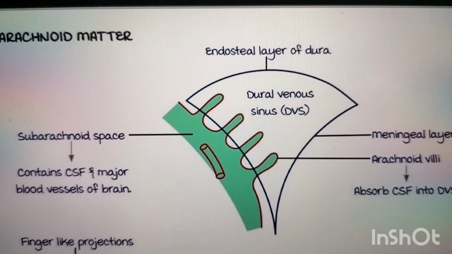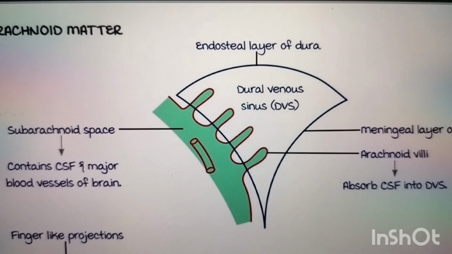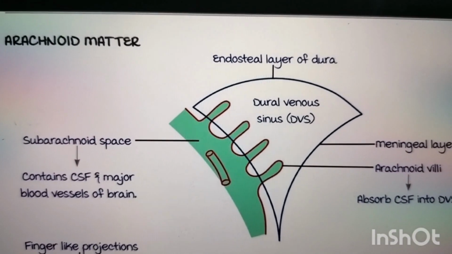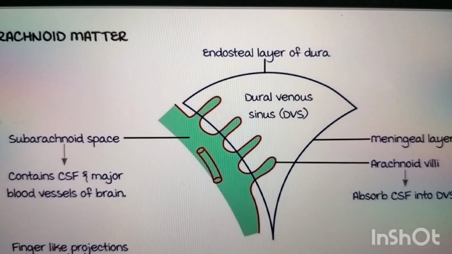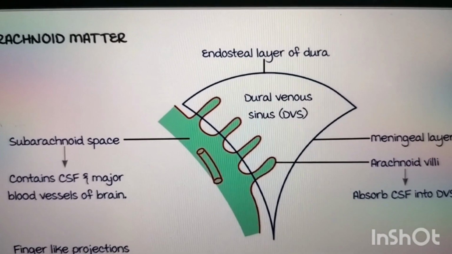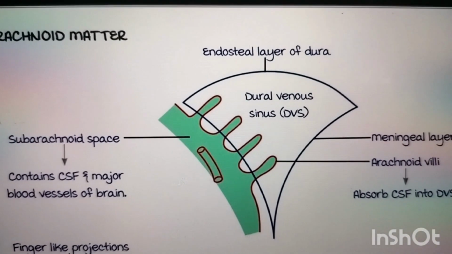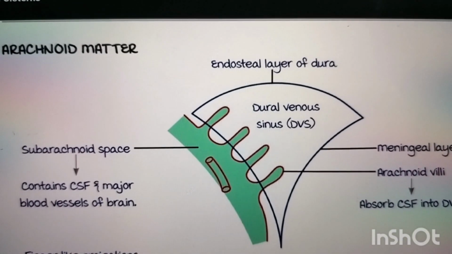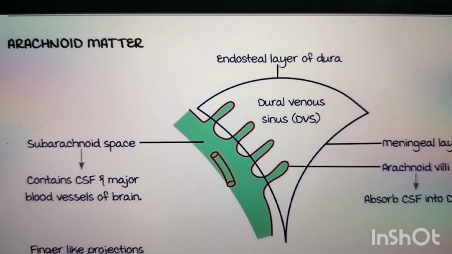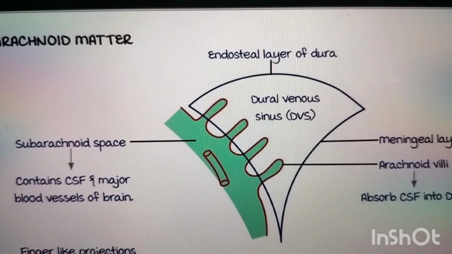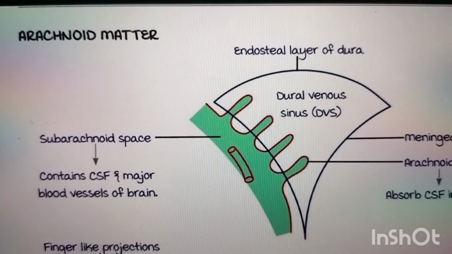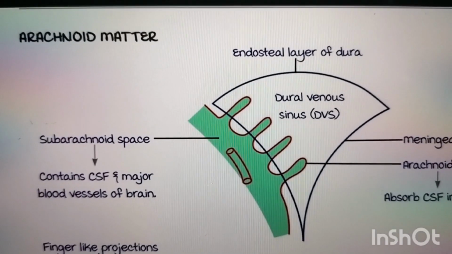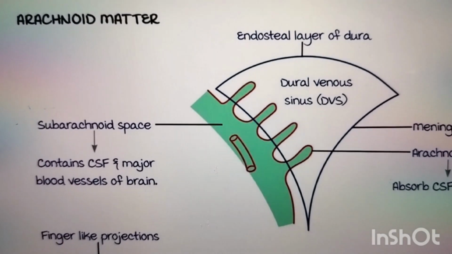It is a very faithful layer, but today we should discuss the dural venous sinus, because pia mater we already discussed. Pia mater is inside, just touching the brain. After that we have arachnoid mater, and today we are discussing arachnoid mater, subarachnoid spaces and subarachnoid cisterns.